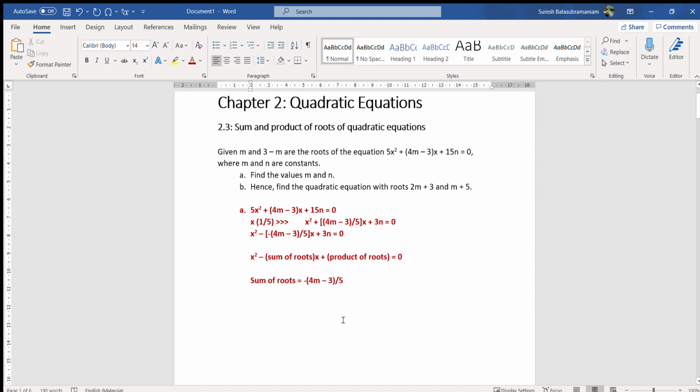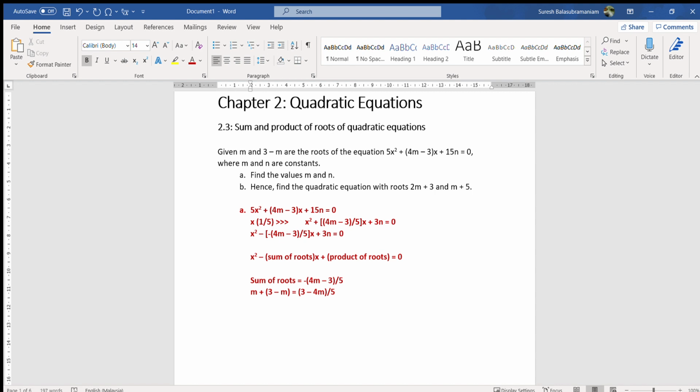So the sum of roots is m plus 3 minus m, equals negative (4m minus 3) over 5, which I'll write as (3 minus 4m) over 5.